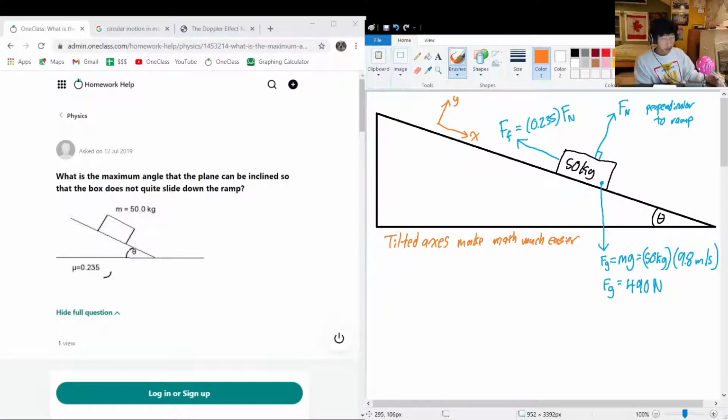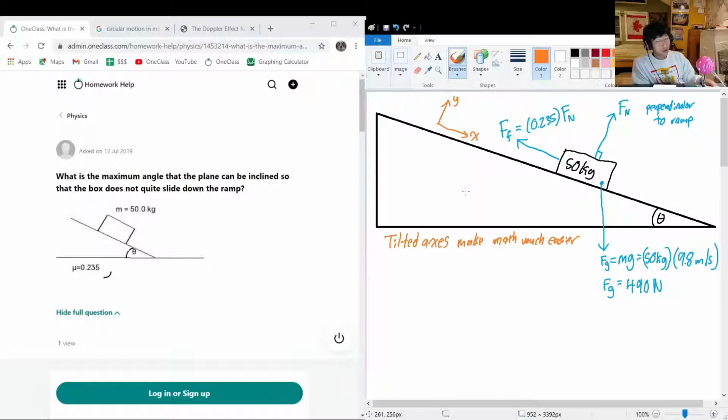Now imagine this. Our friction force is going to be perfectly in the negative x direction of these axes, and the normal force is going to be perfectly in the y direction. We only have the gravitational force that we need to change.